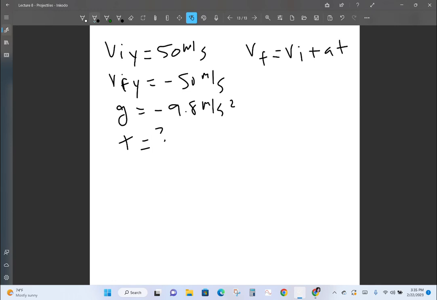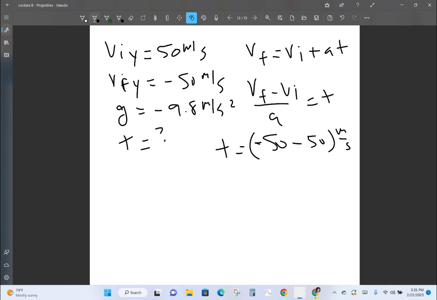Subtracting Vi from both sides, Vf minus Vi, and then dividing by a. So t equals negative 50 minus 50 meters per second divided by negative 9.8 meters per second squared. My 50s don't cancel out because I'm subtracting a positive from a negative. So that's going to be 100 divided by 9.8, which is 10.2 seconds.